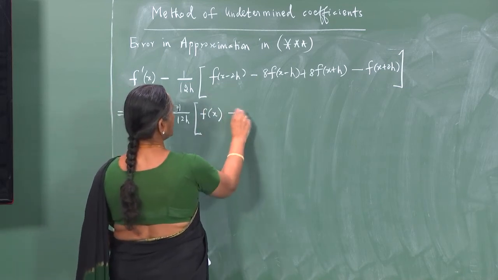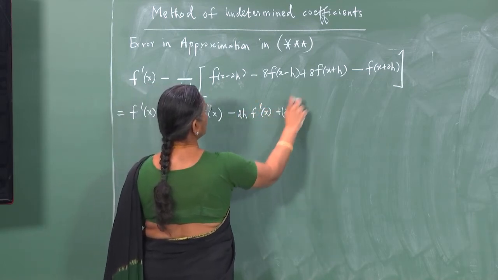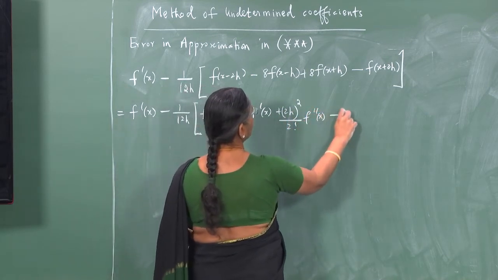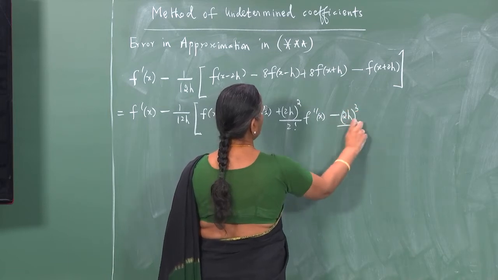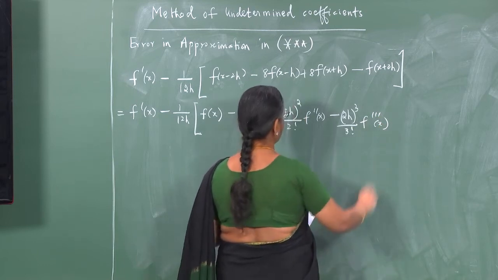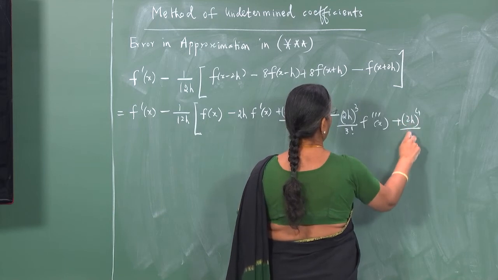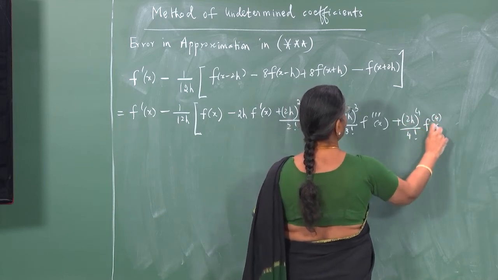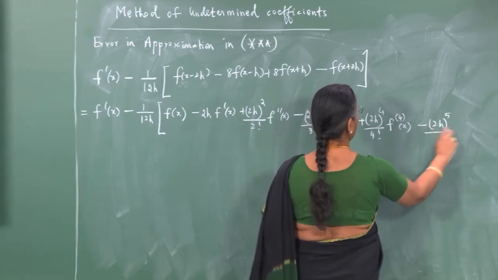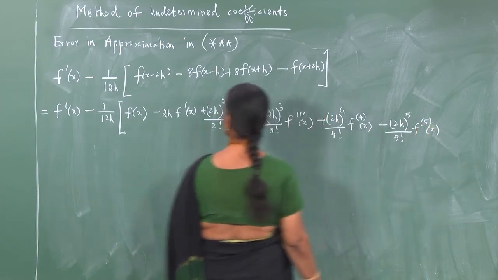So, it is f of x minus 2h into f prime x plus (2h) square by factorial 2 into f double prime x minus (2h) cube by factorial 3 into f triple prime x, then plus (2h) power 4 by factorial 4 into fourth derivative at x minus (2h) power 5 by factorial 5 into fifth derivative at x.